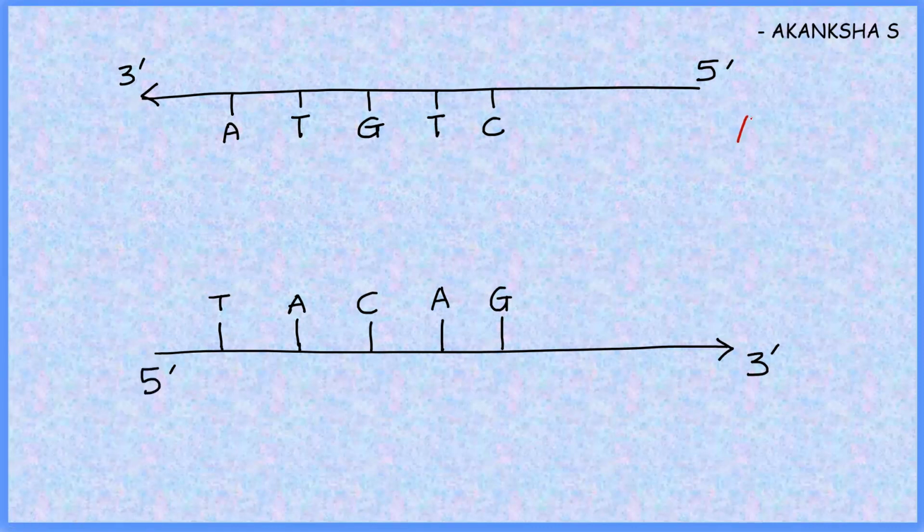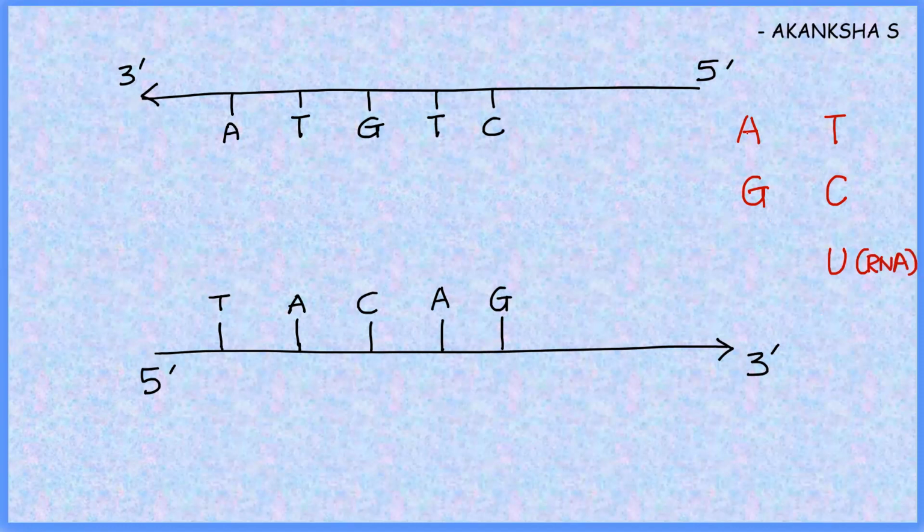Now, for those who don't know about this or are hearing it for the first time, always remember there are 4 nucleotide bases: adenine, thymine, guanine, and cytosine. So there are 4 nitrogenous bases. There's another nitrogenous base called uracil, which is only found in RNA.